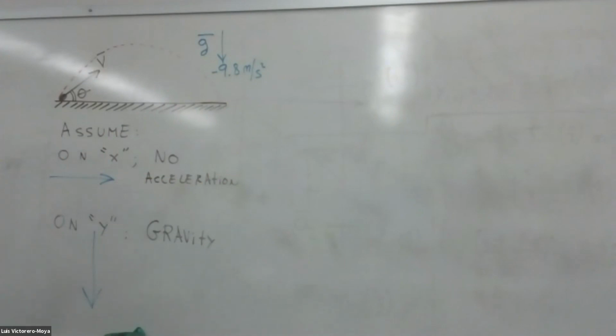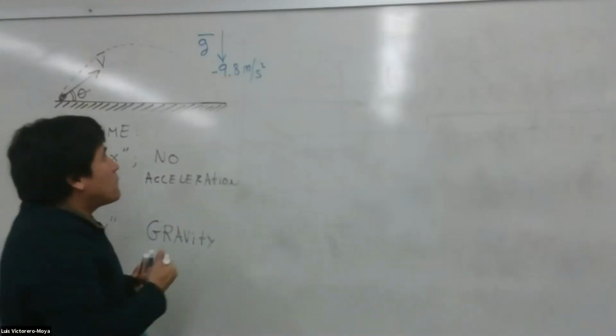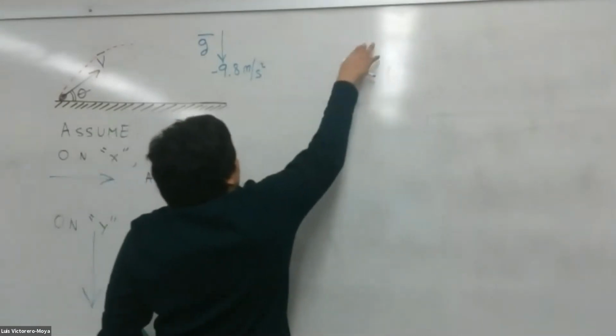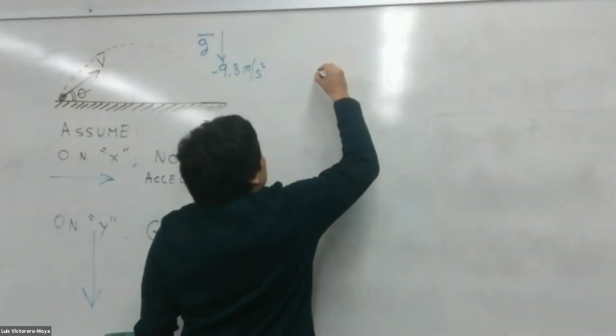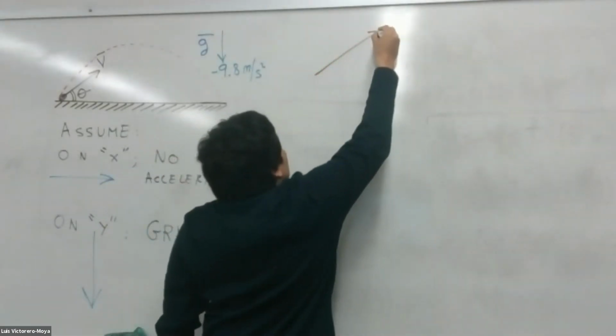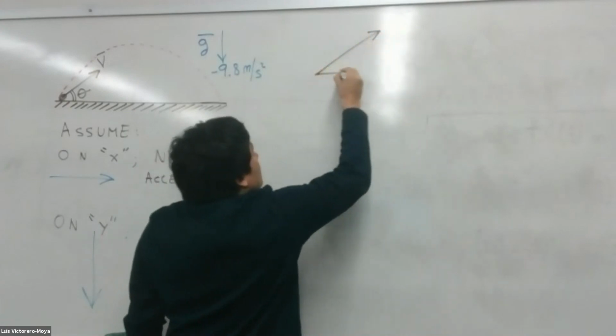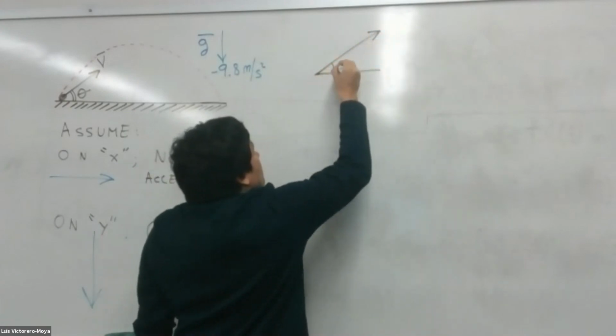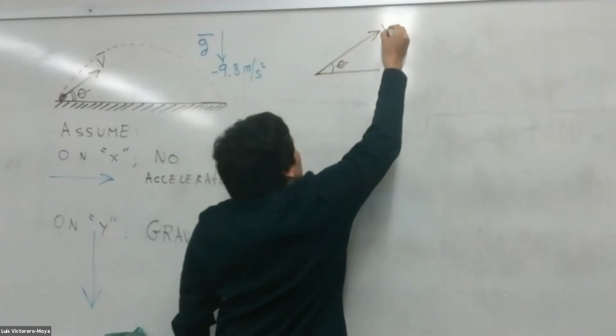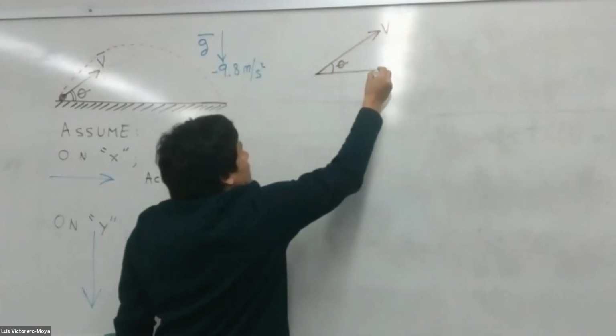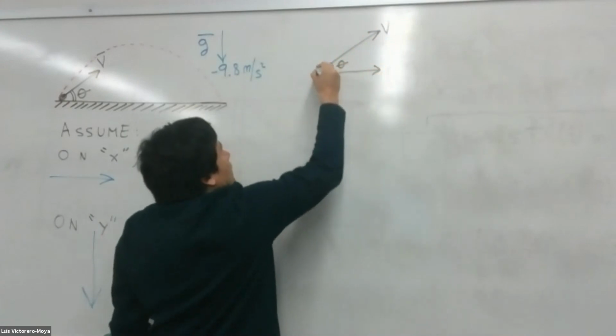The best way to approach these problems is by breaking this velocity into components by using the angle theta. That's the first step. You are going to find the velocity in two components, on the horizontal and the vertical.